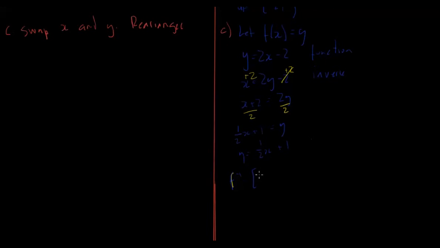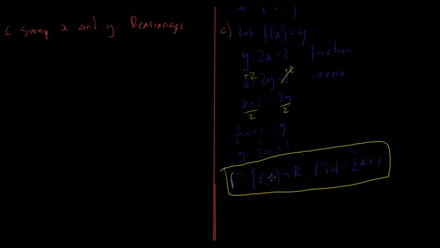Now the domain we worked out before was negative 2 to 4. And the codomain is all the real values, the values that we can put in. And then the rule, f^-1(x) is equal to a half x plus 1. And then let's put ourselves a box around it. And that's formal mapping notation: the domain, the codomain, and then our rule.